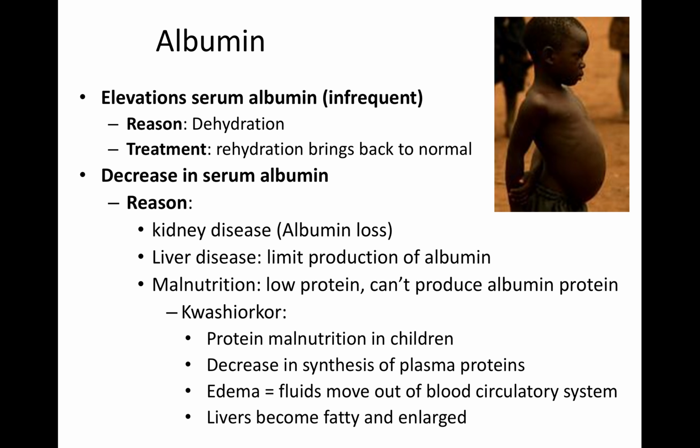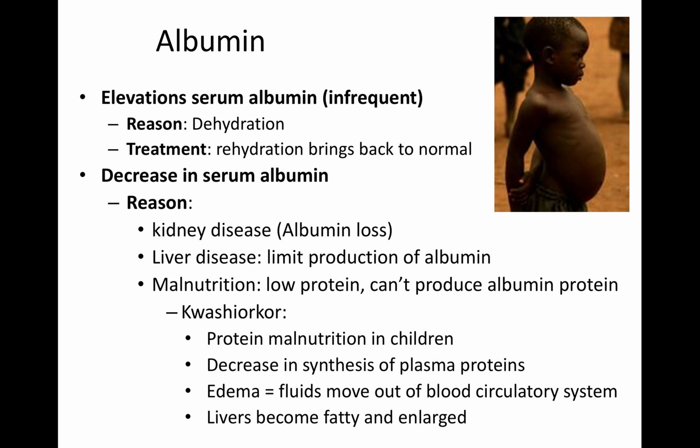All of these three can lead to a lower level of albumin. An individual with low albumin is susceptible to edema because, if you remember, we talked about this: osmotic pressure starts to go down, so you become more susceptible to moving water from your bloodstream into your tissue. Water inside your tissue causes swelling of the tissue, which is also known as edema.